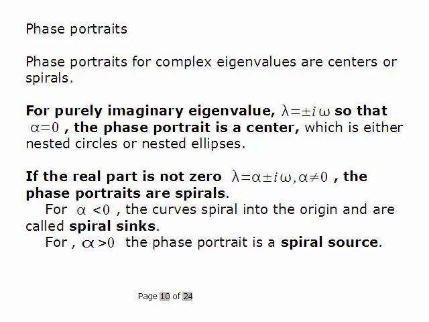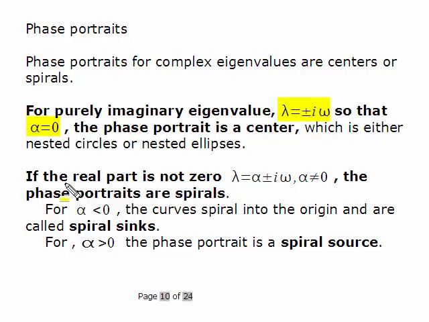Well, the associated phase portraits are centers and spirals. If that alpha was 0 in the previous case, so that the eigenvalue is purely imaginary, then the phase portrait is a center. These are nested circles, nested ellipses, shapes like that.